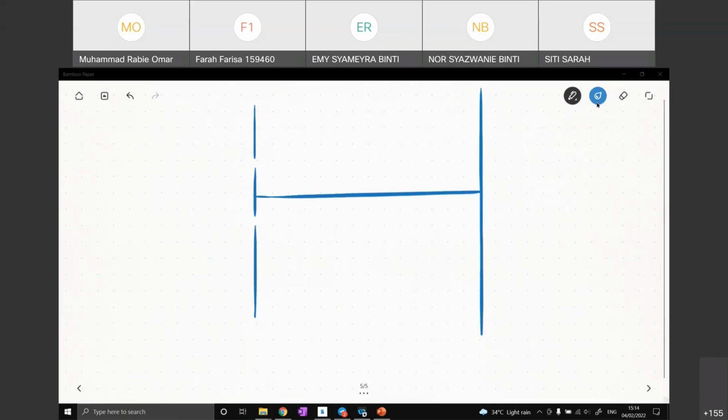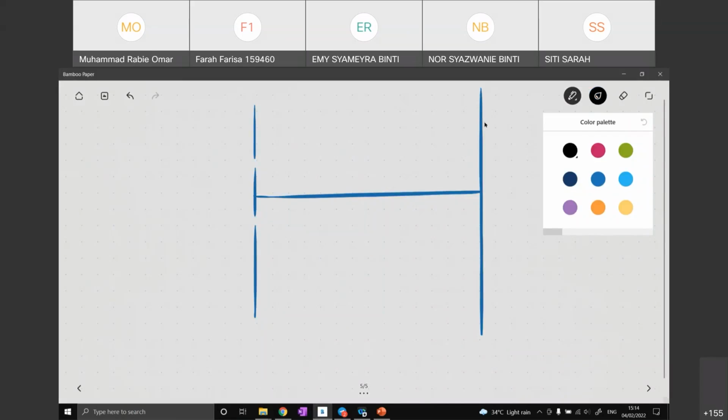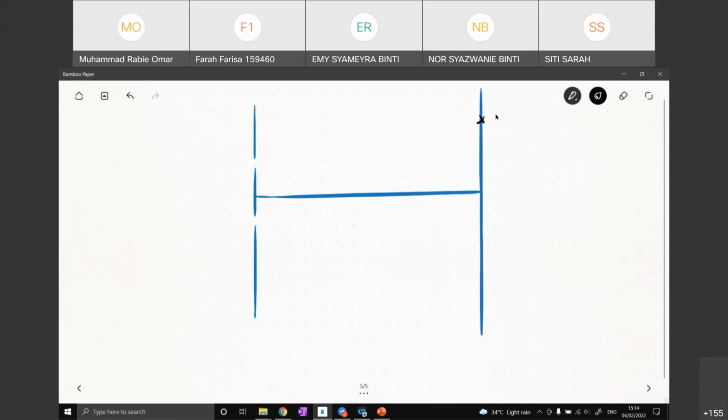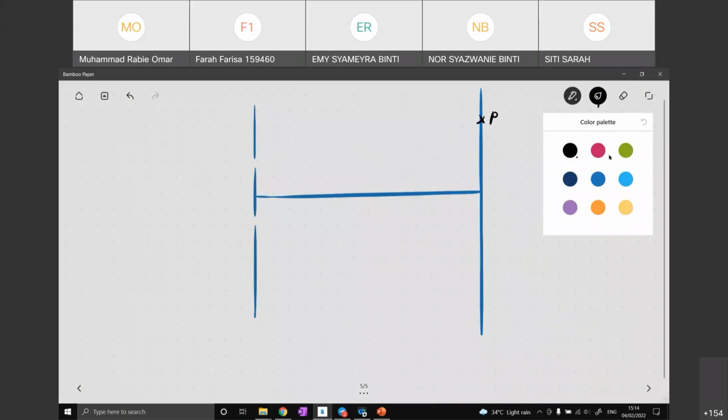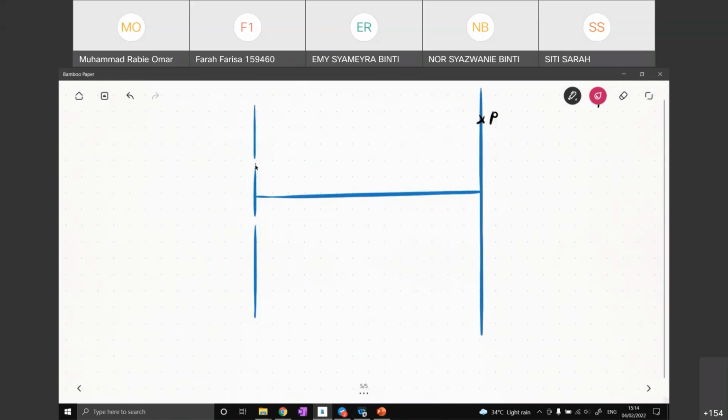Let's say you want to know the intensity at this particular position, then you have to trace the light ray that is coming from here, to here, and then another light ray which comes from the second slit.